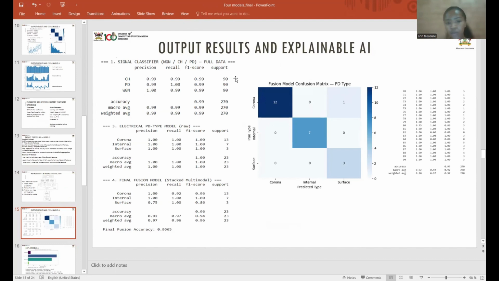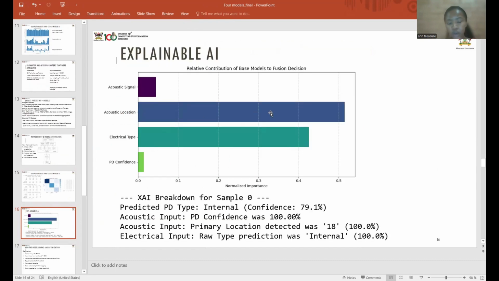So these were the output results, whereby the overall accuracy was 95%. This was a confusion matrix of the results of the validation. And then from the explainable AI, we see that acoustic location has the highest contribution to the predictions.